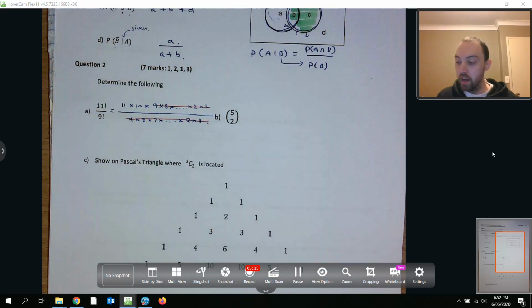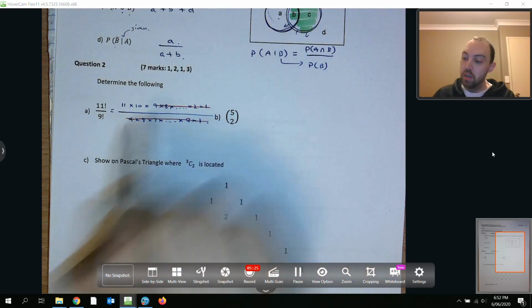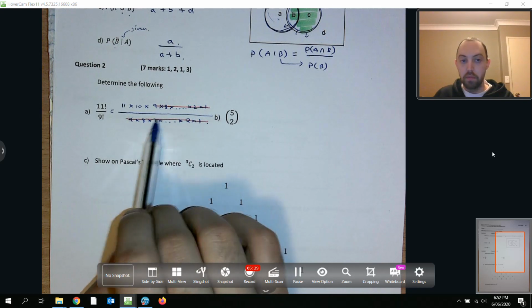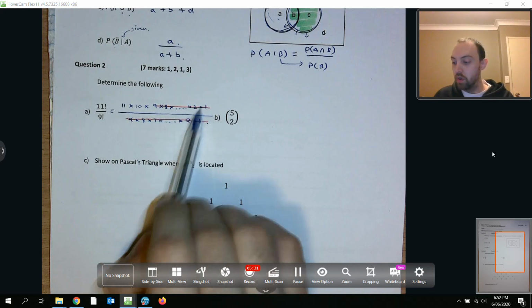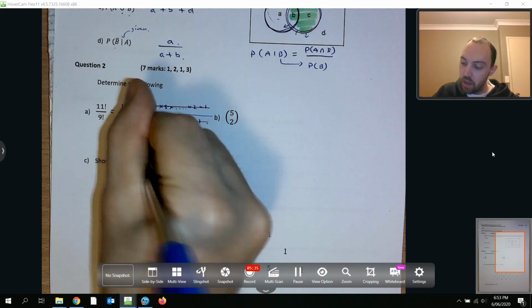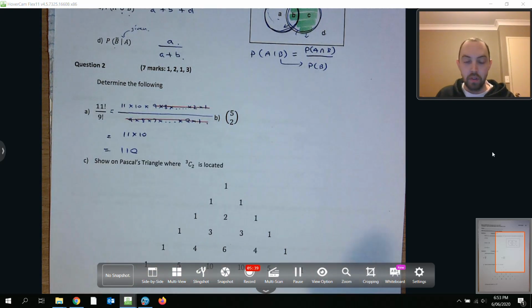Because we're multiplying, we can cancel both top and bottoms of my fraction. Any common factors to the top and the bottom can be cancelled. 9 is common to both top and bottom, 8 is common to both, 7, 6, 5, 4, 3, 2, all of that cancels, leaving me with just 11 times 10, which is 110.